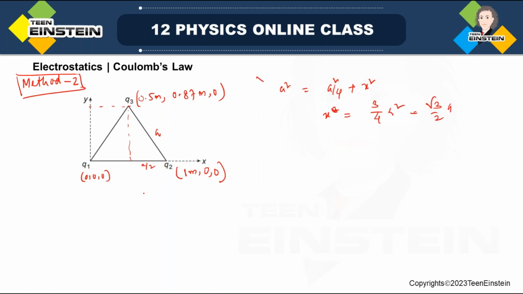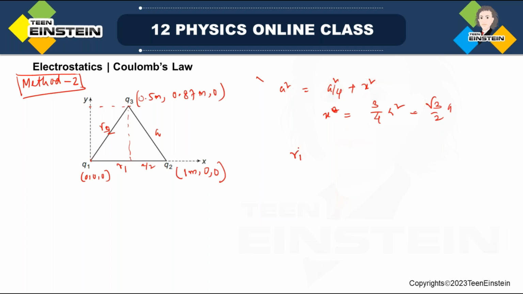So can we find the position vectors, as I was showing you? Say this is origin, this is r1 vector, this is r2 vector.